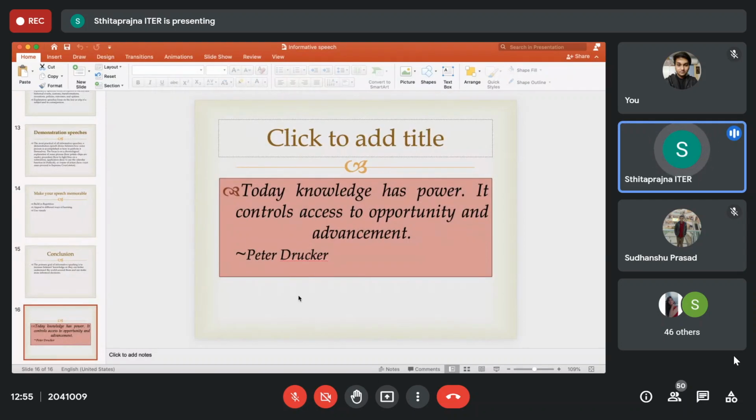Knowledge has power and it controls access to opportunity and advancement. So knowledge is power. What's more powerful today? Knowledge is more powerful. If you have knowledge, you have power, because you have all the opportunities for evolving and developing.